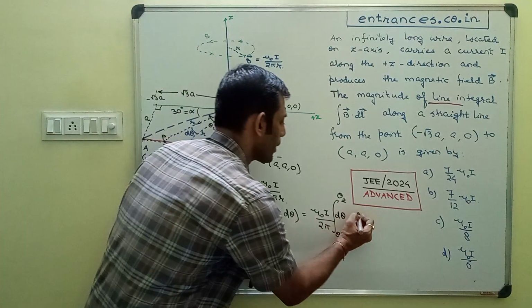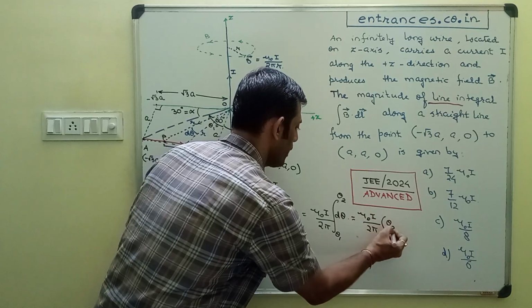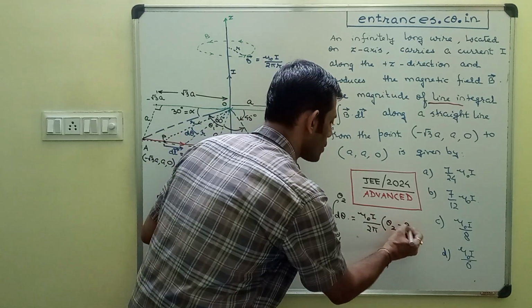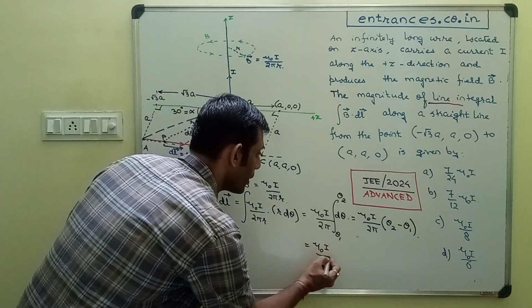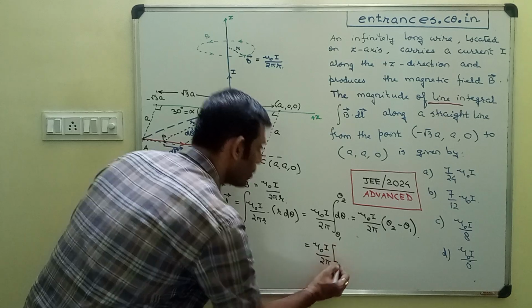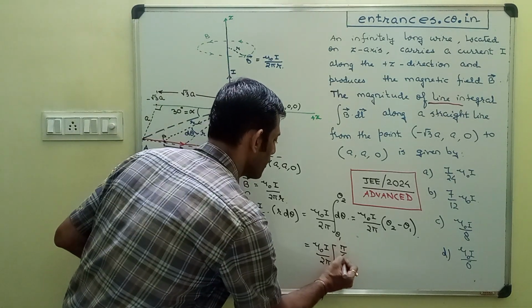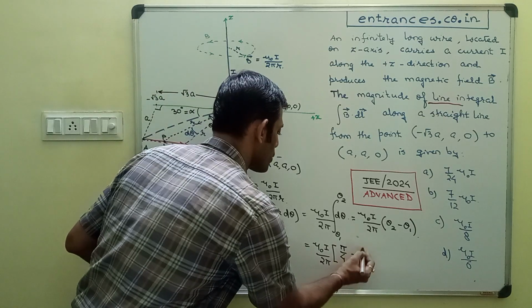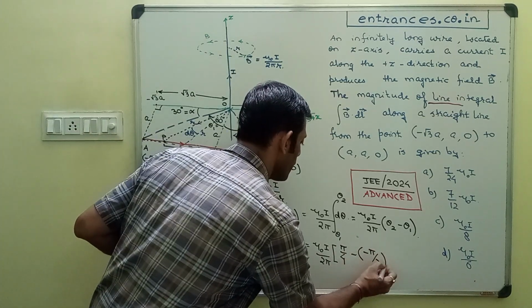So mu naught I by 2 pi into effective theta 2 minus theta 1, and therefore I get mu naught I by 2 pi into theta 2, that is pi by 4, minus theta 1, that is minus pi by 3.